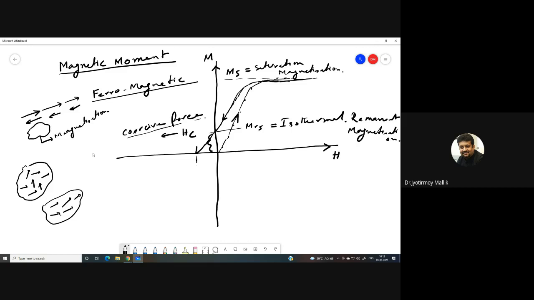And then if we keep on increasing the field in the opposite sense, after a while a plateau is reached again, but on the other side. If I continue and again start increasing my magnetic field, this is how the magnetization occurs.